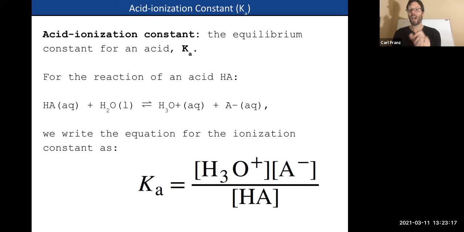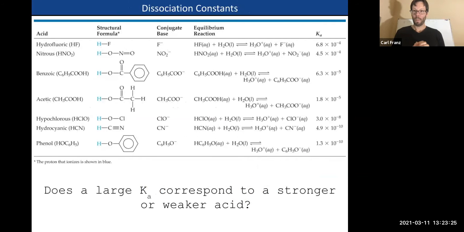And then for Kb, it will be the hydroxide concentration. So here's a list of some acids, and it gives you their equilibrium reactions, conjugate bases, whatnot. But in the far right, you'll see the Ka.